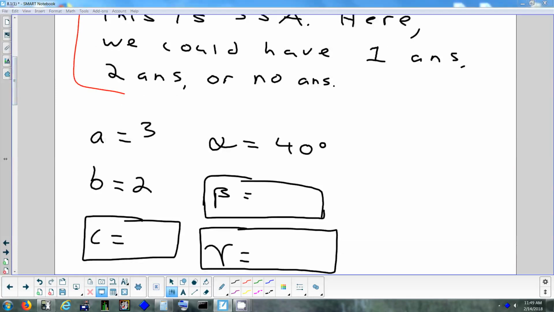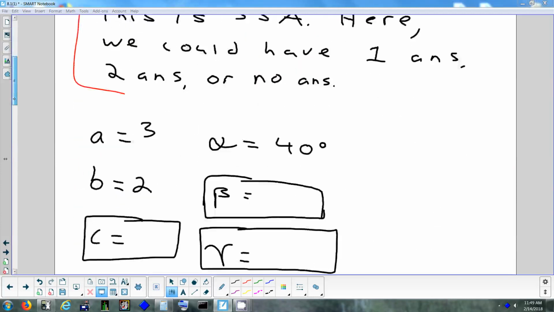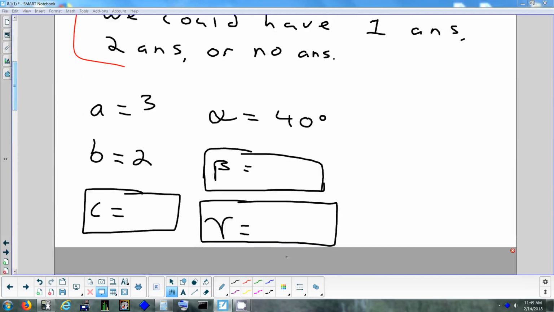So this time I've already set the table up for you, and it's using the same numbers we had up above. Okay, do I have a row with everything in it? Yes. Yeah, A and alpha. Yes. Because I have a row with everything in it, that tells you that it's a law of sines problem.